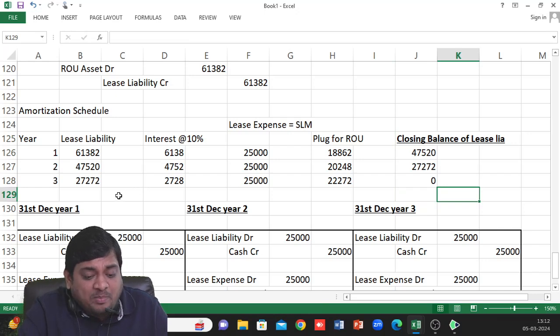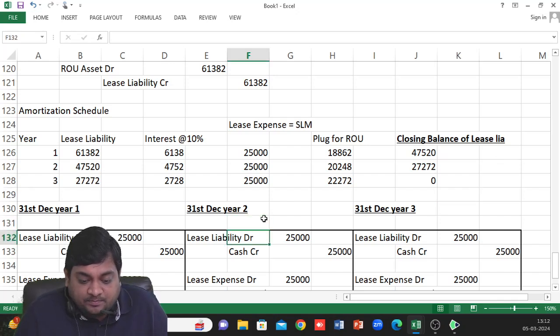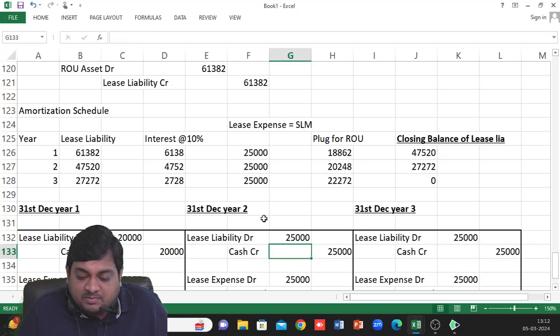So here ROU balance will change. I'll just show you the ROU balance. So this year one payment is 20,000. This payment is also 20,000. This payment is okay.